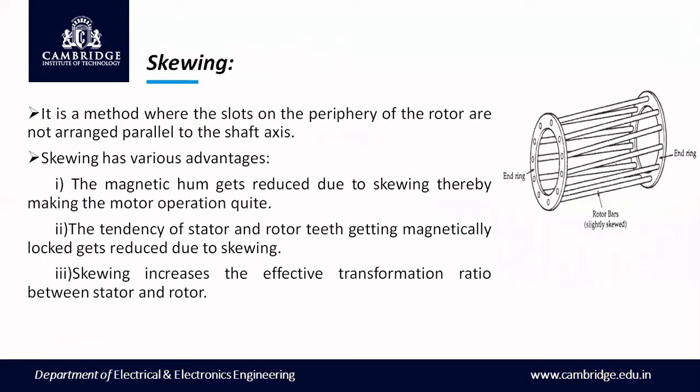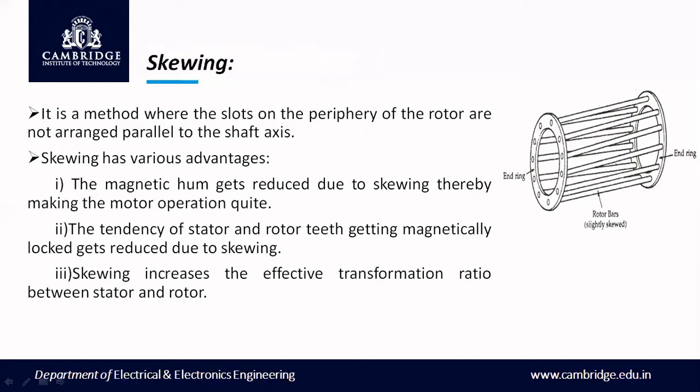Okay, so here we were talking about skewed slots. What is meant by skewing is a method where the slots on the periphery of the rotor are not arranged parallel to the shaft axis. The shaft axis will always be horizontal, like the x-axis. The rotor slots will not be completely parallel to the shaft axis.